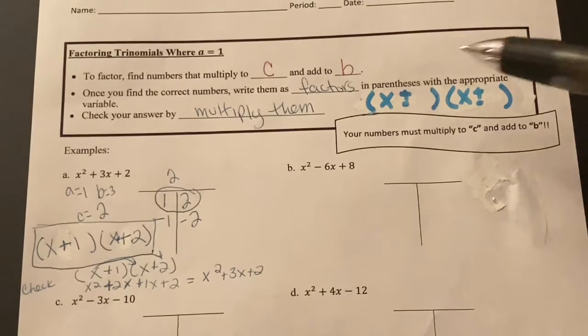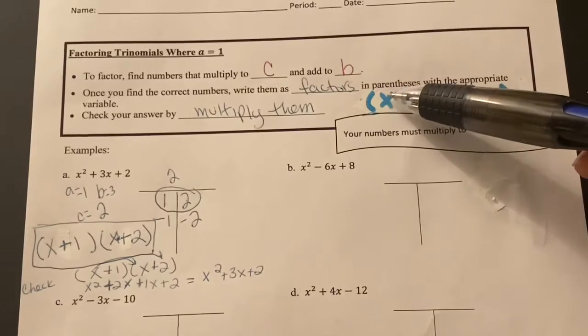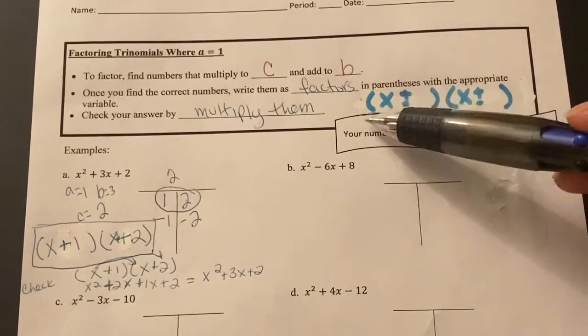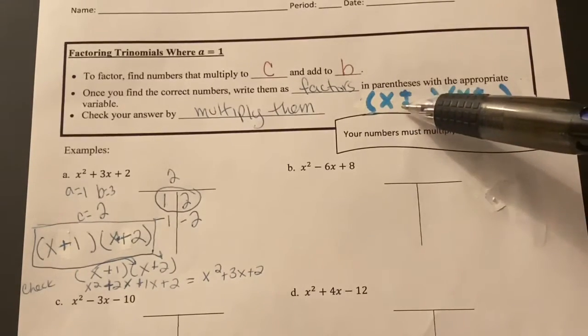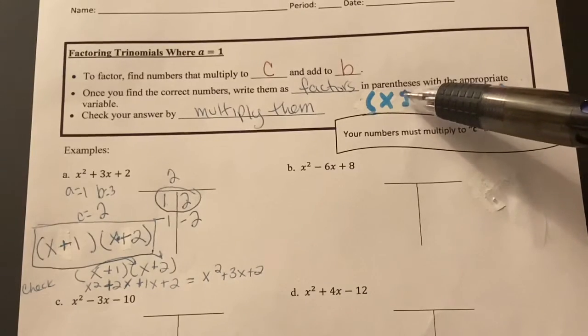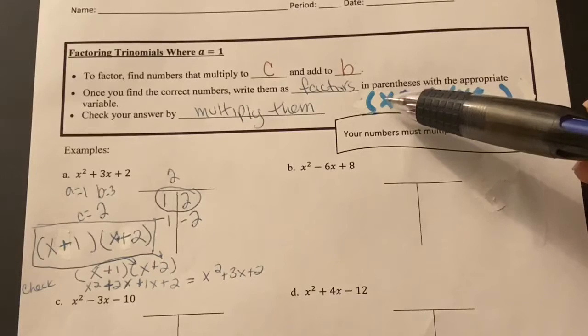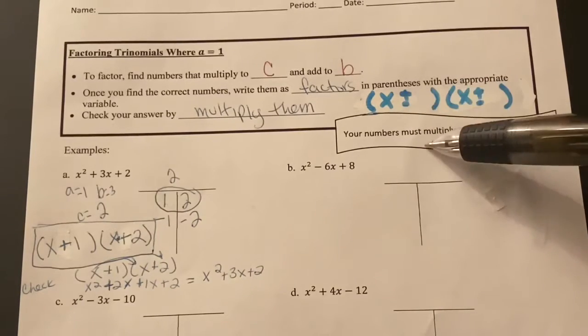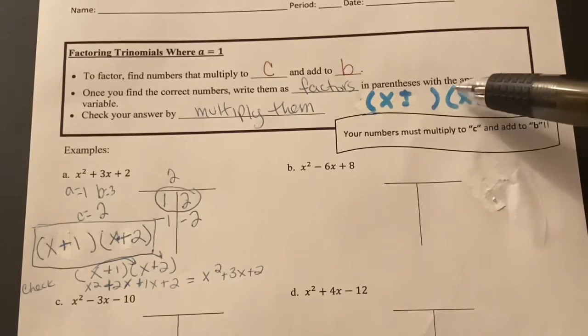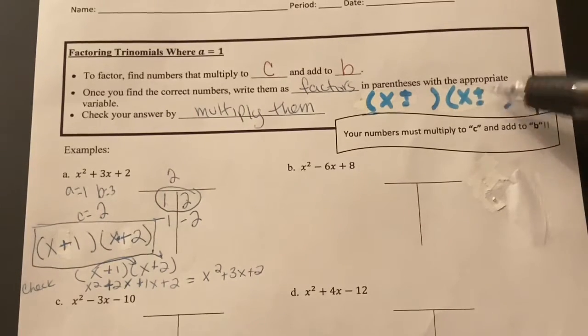The appropriate variable for all these examples is going to be x. So it's going to be parentheses x plus or minus, depending on the sign of the number. If it's a positive number, it'll be x plus that number. If it's a negative number, it'll be x minus that number. Okay? In parentheses, and then another set of parentheses because you have two numbers, x plus or minus that number.